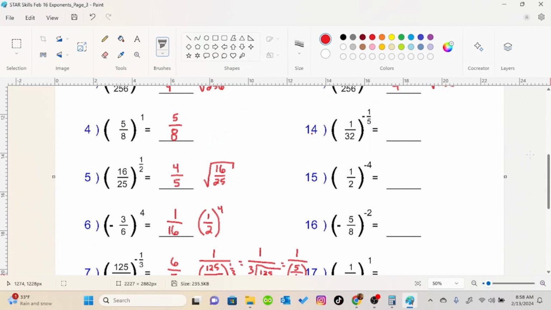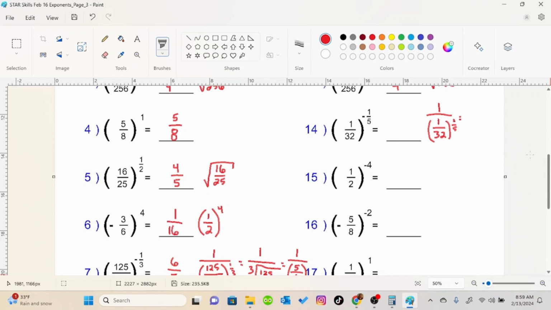Number 14. We have 1 over 32 to the power of negative 1 over 5. The negative means we have 1 over 1/32 to the power of 1/5.